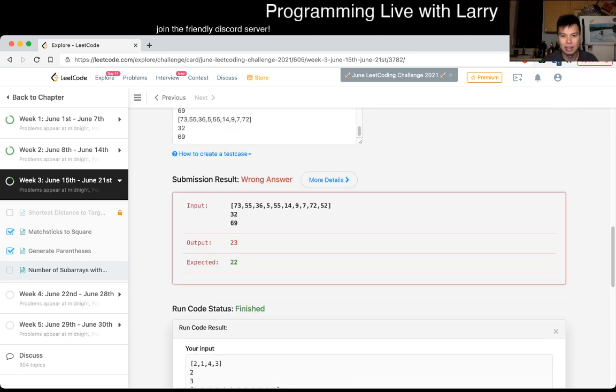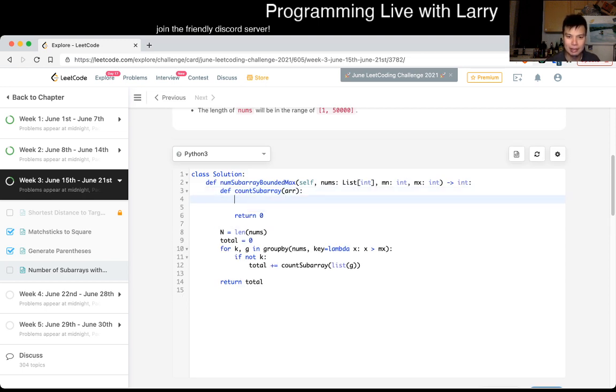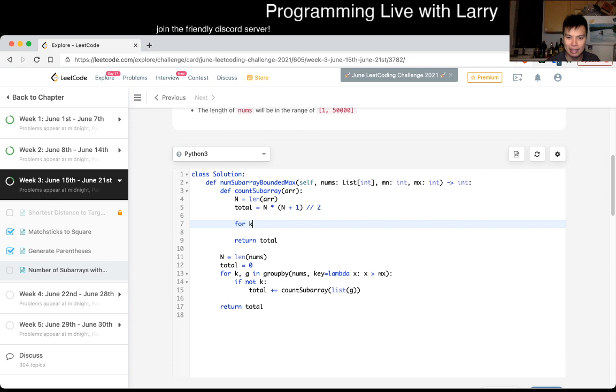Now, like we said, n is equal to the length of arg. Total is equal to n times n plus 1, divided by 2. I don't know why I say mod. And then now I do groupby again, and now we group by the other thing, if it's greater than or equal to... What is our delimiter?